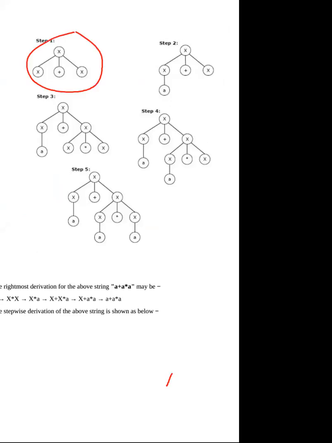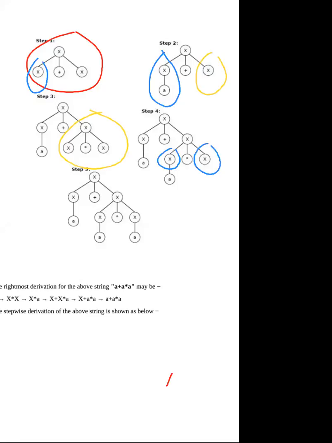Then you replace the leftmost X, this X, by A, because we are using leftmost derivation. Then there is only one X left. That X is replaced by X into X. Again there are two X, so which X do we replace?